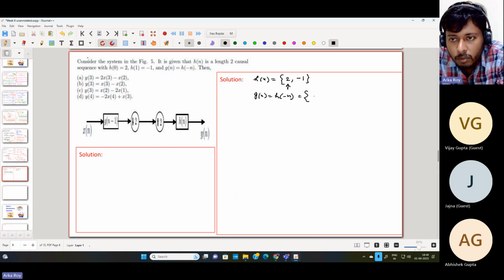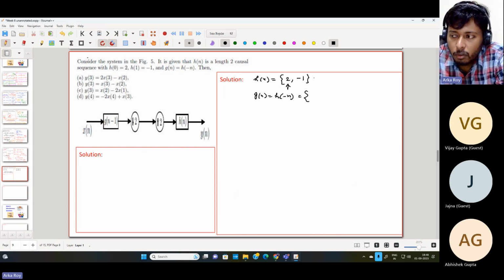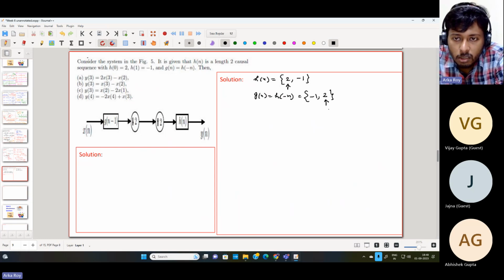That means there is a time reversal process associated with it, so all the components of the h[n] signal will be time reversed about the y-axis. Therefore, I can write it as -1 followed by 2, where 2 is at the origin.